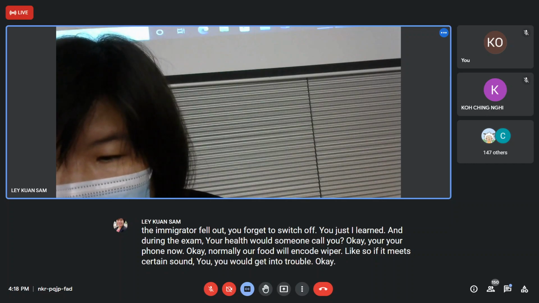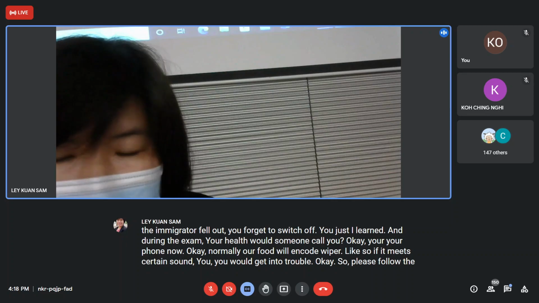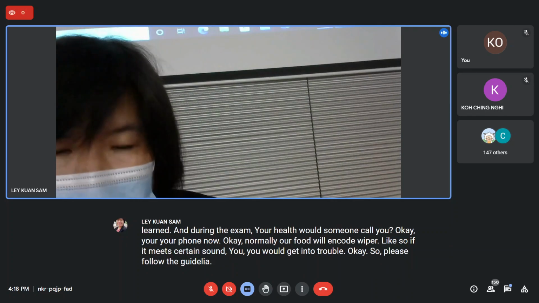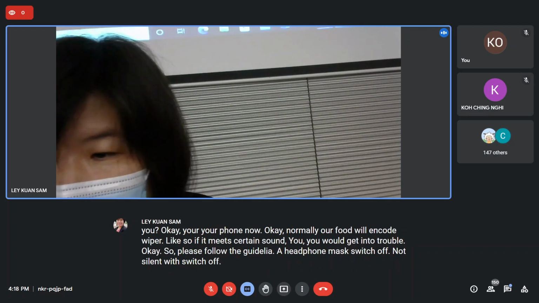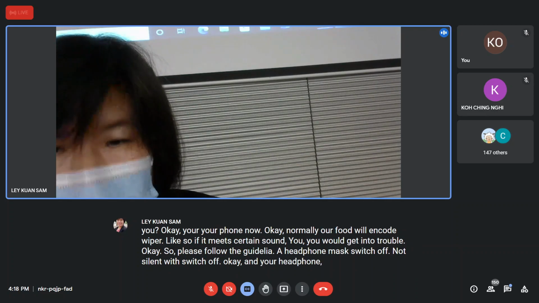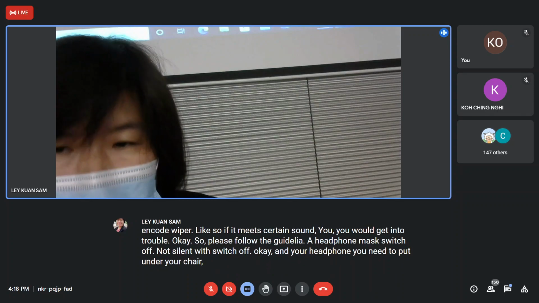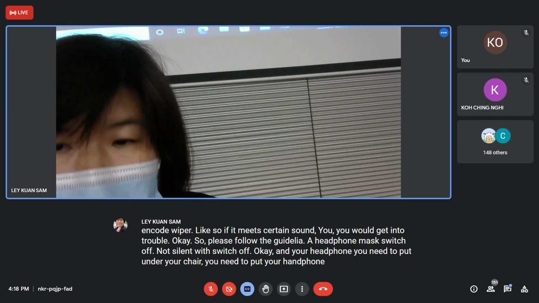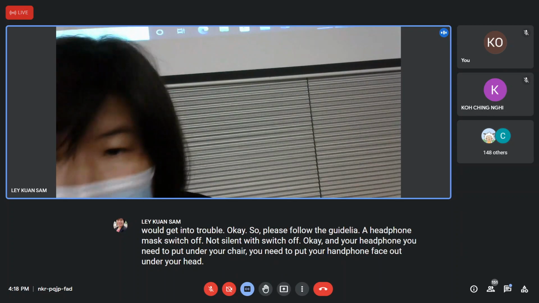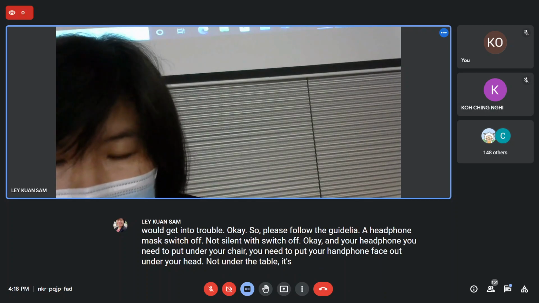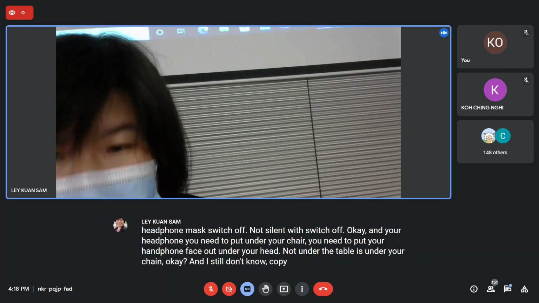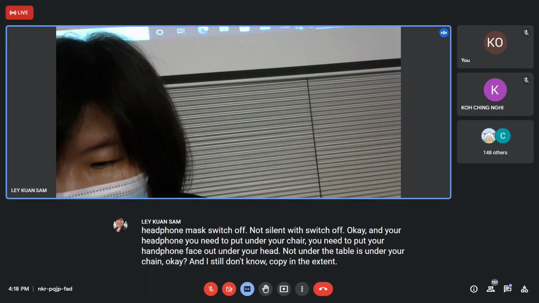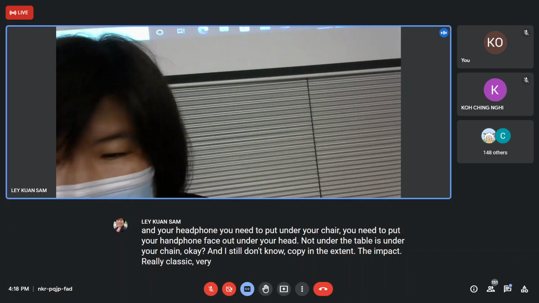So please follow the guideline. Handphone must be switched off, not silent. You need to put your handphone face down under your chair, not under the table. And no copying in the exam. The impact is very severe.